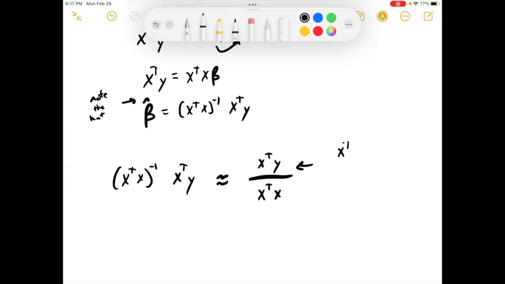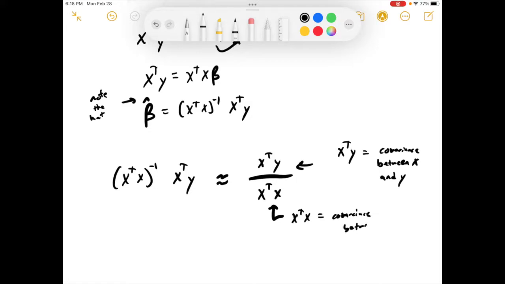X transpose times Y would actually give us the covariance between our independent variables X and our target variable Y, whereas on the bottom, X transpose times X would give us the covariance between all of the independent X variables.